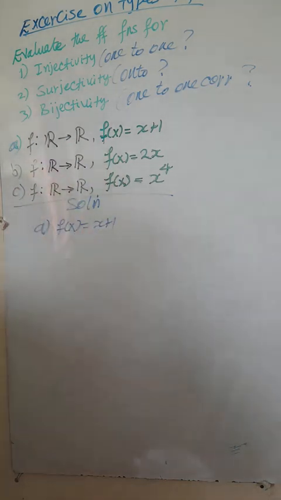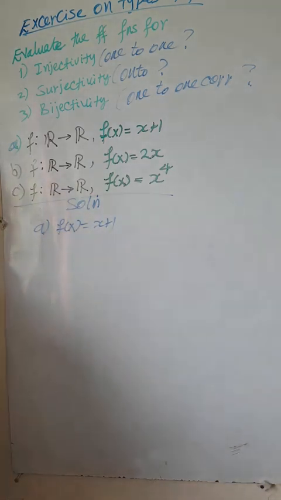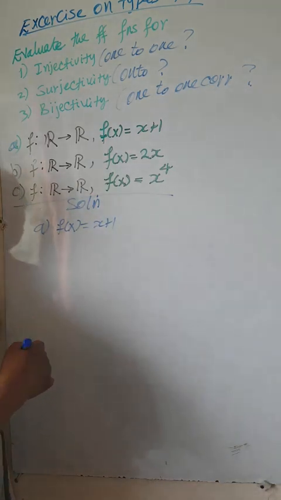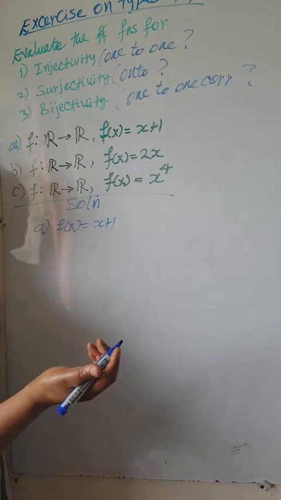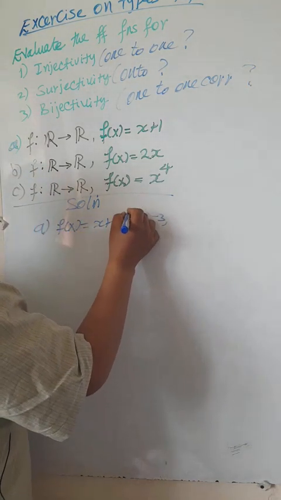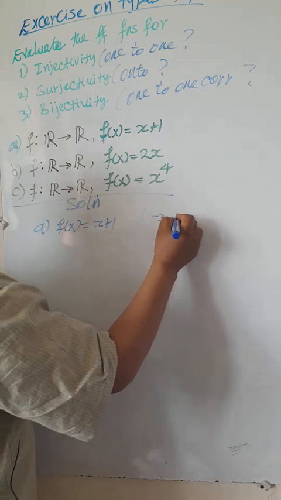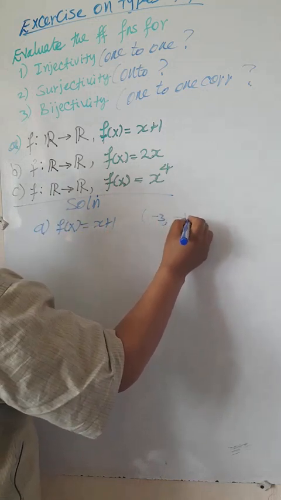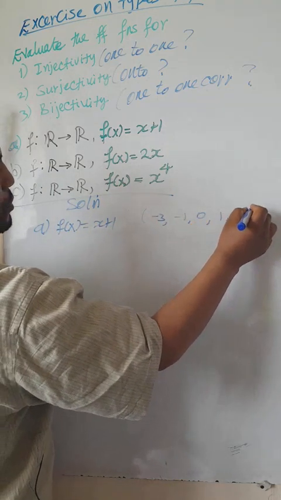Now, to check injectivity or one-to-one, the domain is the set of real numbers, and the range is also real numbers. So we can take positive and negative numbers, for example negative 3, negative 1, 0, 1, 2, 3.